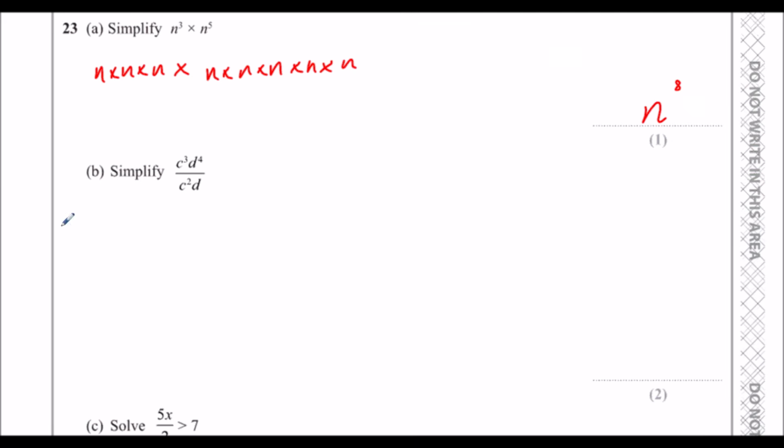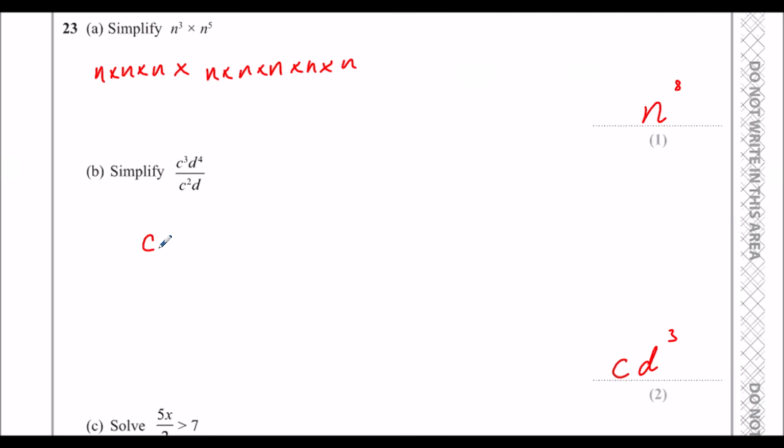Part B, simplify c cubed times d to the power of 4 divided by c squared d. So when we divide indices, we take away the powers. So c cubed divided by c squared, 3 take away 2 is 1, so that leaves us with just c. And d to the power of 4 divided by d to the power of 1, so 4 take away 1 is 3.